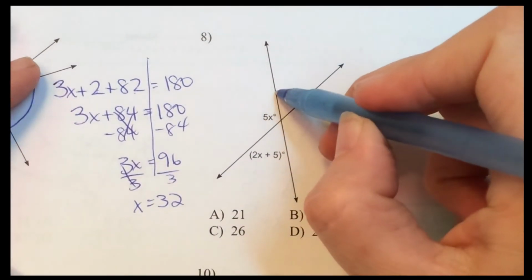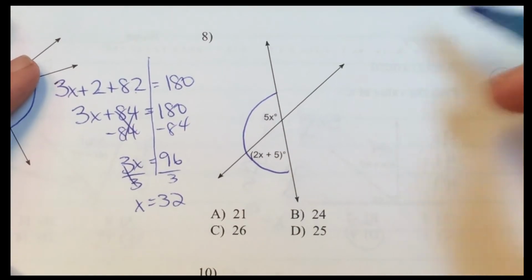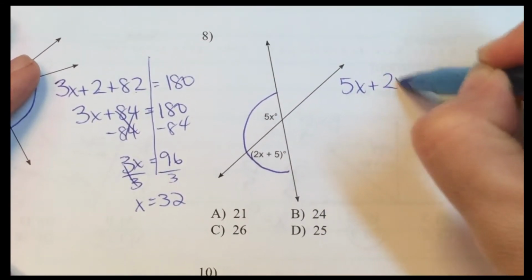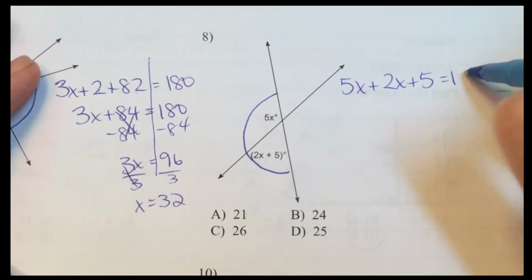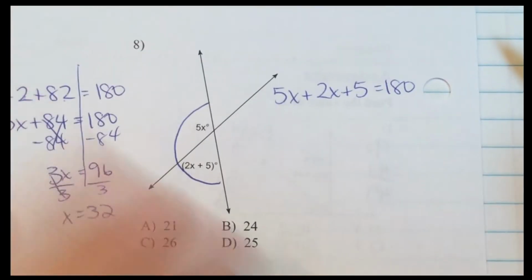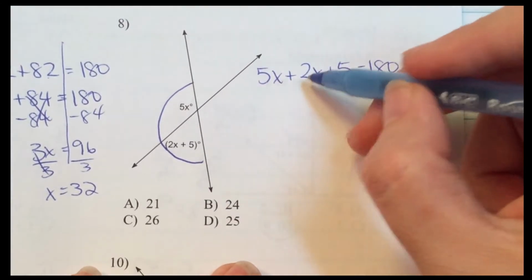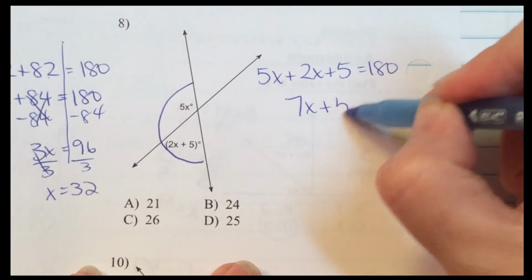Number 8 is also supplementary. They're going to add together and be 180. I have two x's this time, so I'm going to put my x's together. I get 7x.